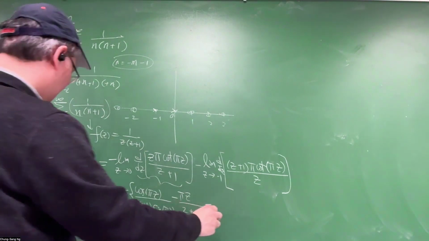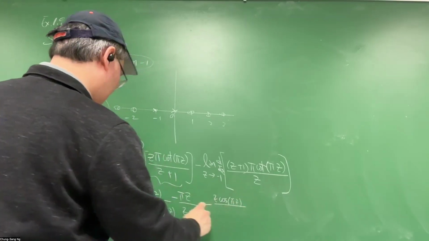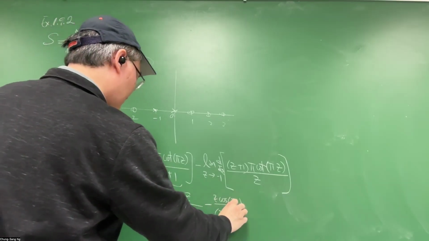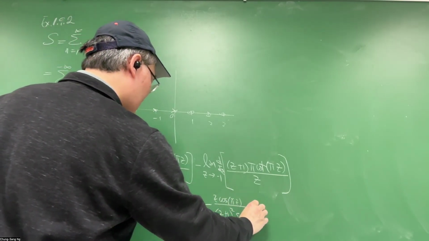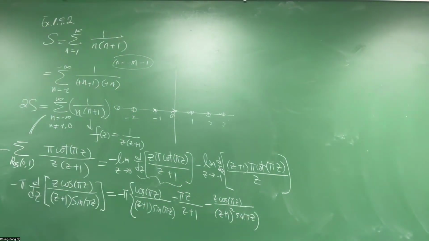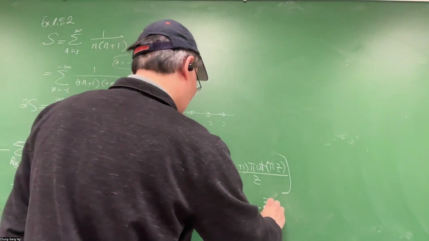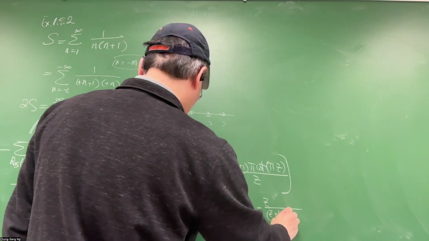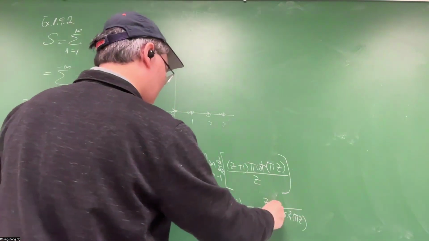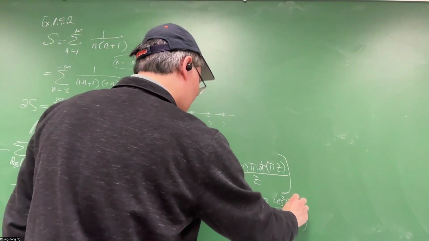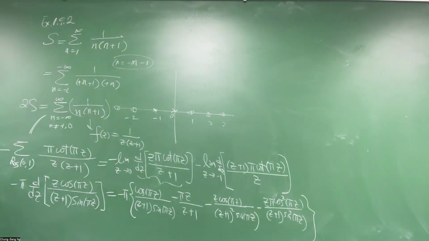The other two are z cosine pi z plus 1 squared, and then sine pi z. And the final one is minus z plus 1 sine squared pi z, and the other is cosine squared pi z. And that's the pi. Right?